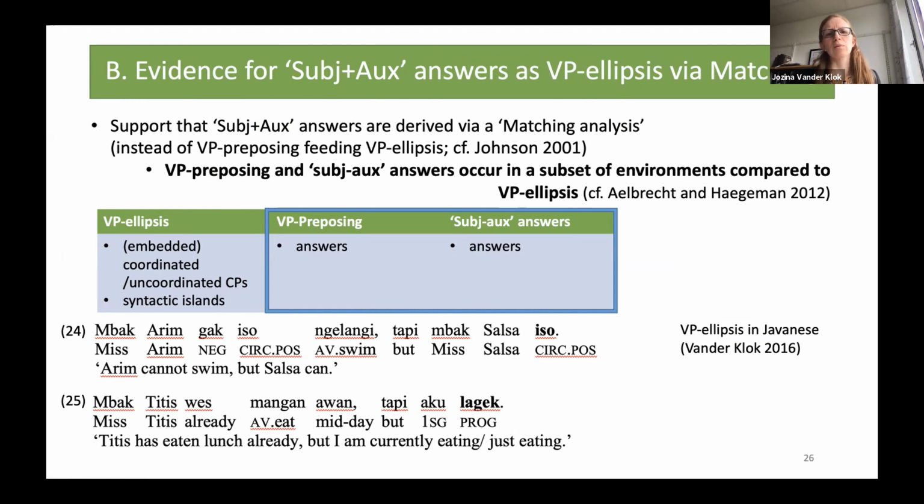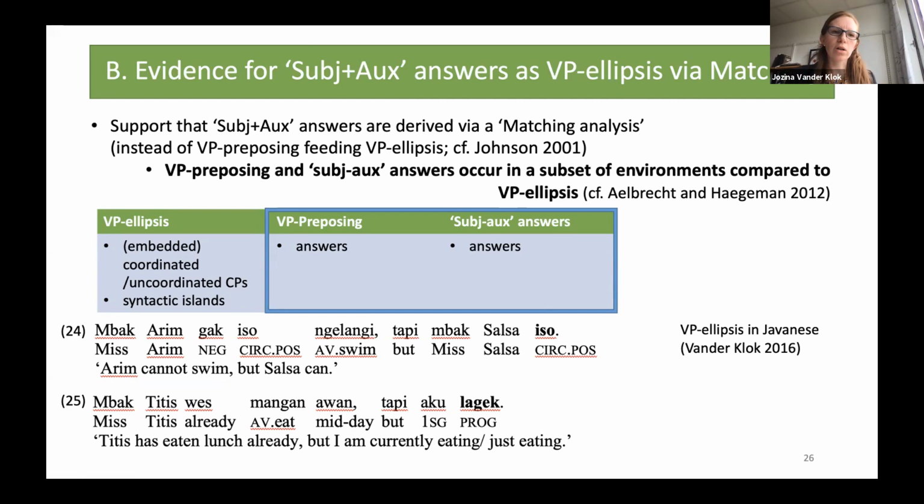This comes from what kinds of environments VP preposing and subject auxiliary answers occur in, in comparison with VP ellipsis. So here I've given two examples of VP ellipsis in 24 and 25 in Javanese, and there's no discourse requirement such as being embedded under a question that licenses VP ellipsis.